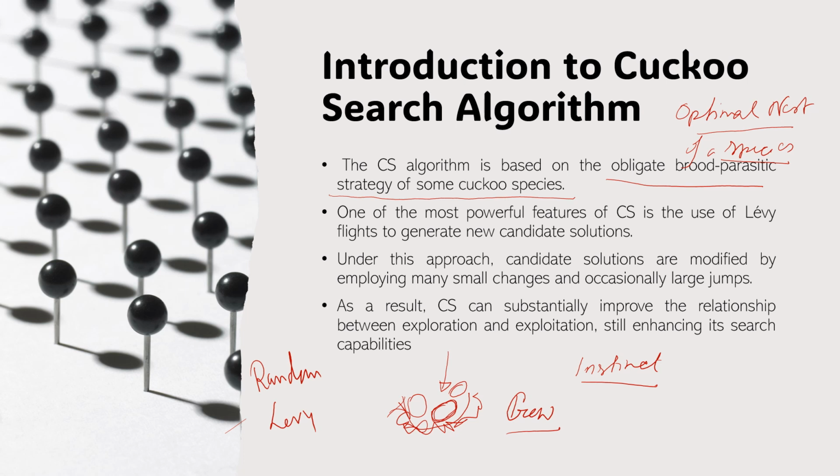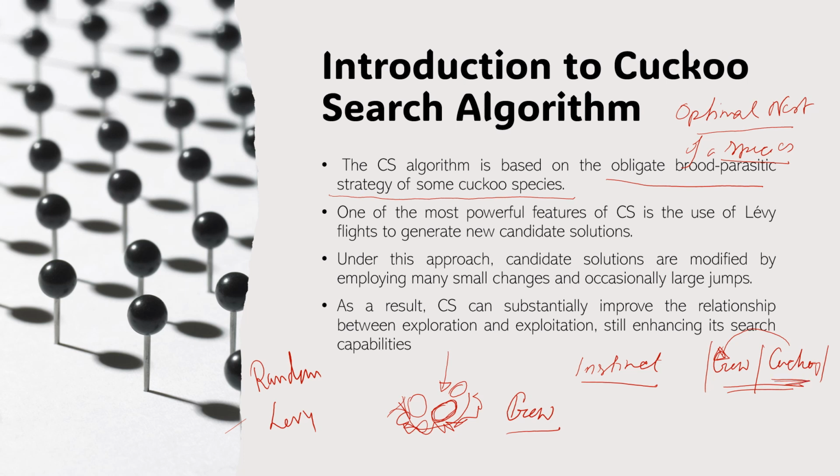If you have observed the crow and the cuckoo, you will see these two species are nearly similar. The cuckoo is a little bit bigger and the crow a little bit smaller, but the color complexion and its search for food, everything is nearly similar. So what it does is search for a good crow nest and then lay its egg.